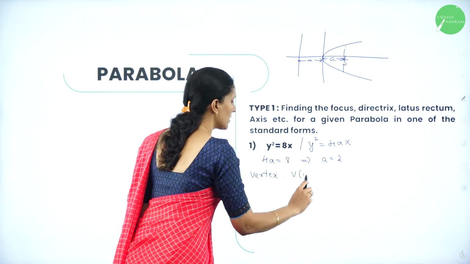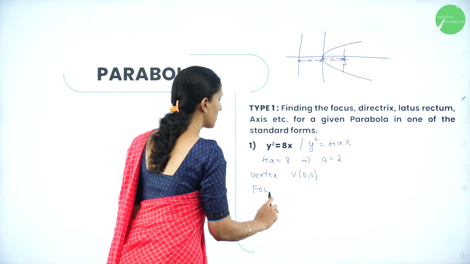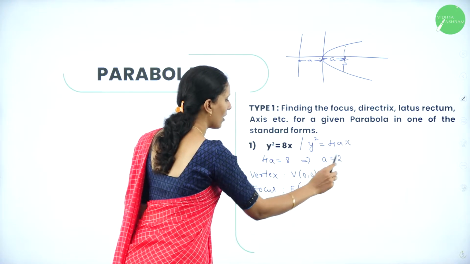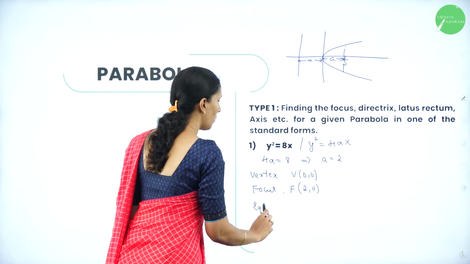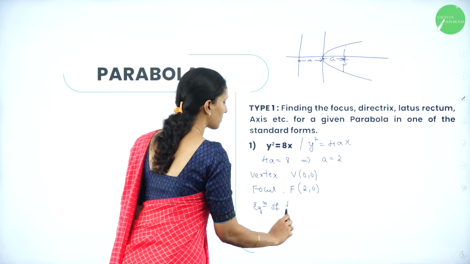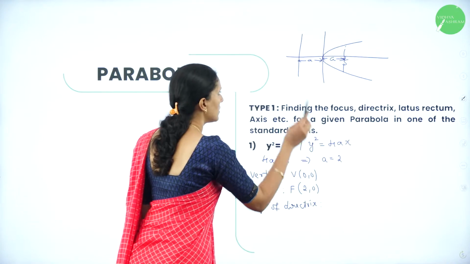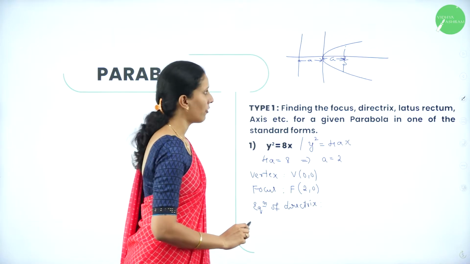which is 0, 0. Vertex is always at the origin. Next, focus. We write it as F. Focus is a, 0, that is 2, 0. Next is the equation of directrix. It is behind the y-axis, that is on the negative side of the x-axis.